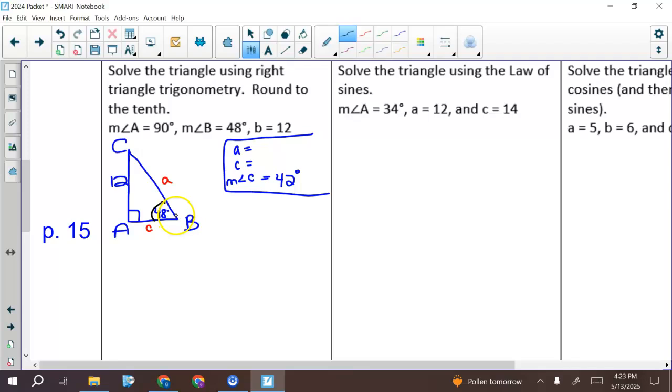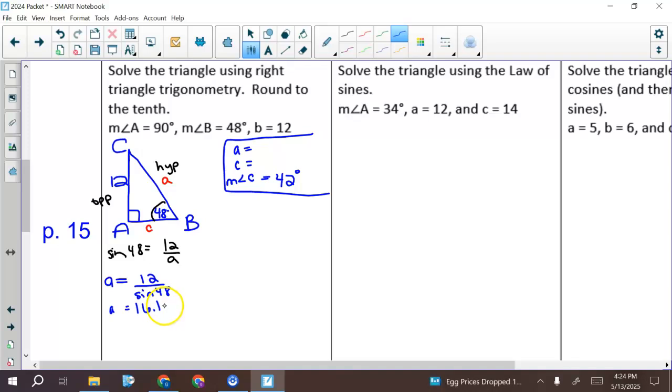Starting at your 48 degrees, we have opposite and hypotenuse. So that's going to be sine of 48 equals 12 over A. Then if we move A to the other side and divide by sine 48, we end up getting A equals 12 divided by the sine of 48, which equals 16.1 to the nearest tenth.